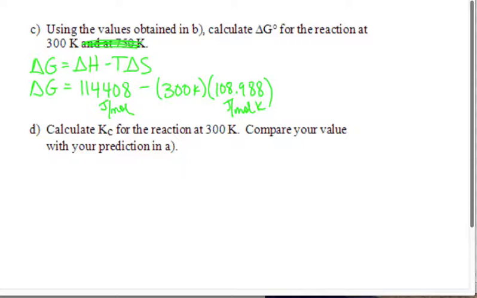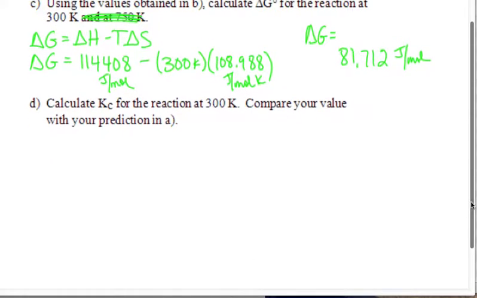Okay, so what is our delta G value in joules? So 712? 81,712 joules per mole. All right, so that is our delta G.